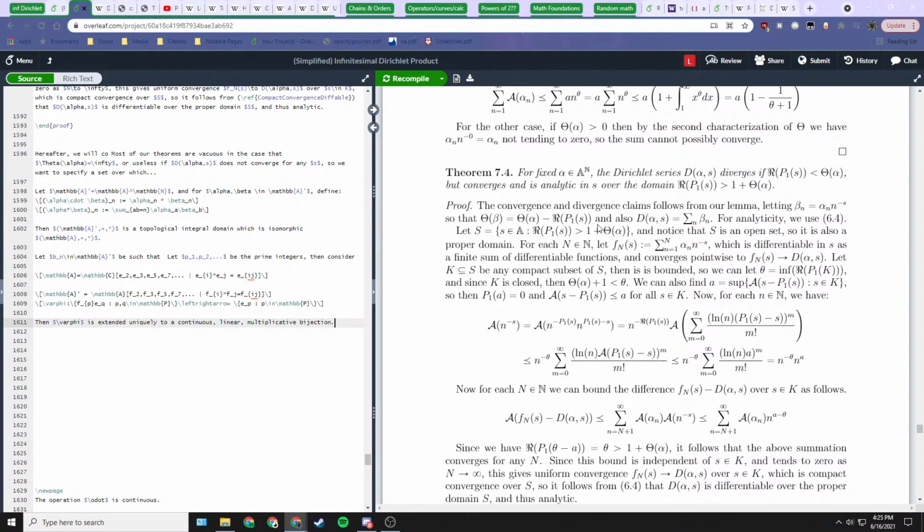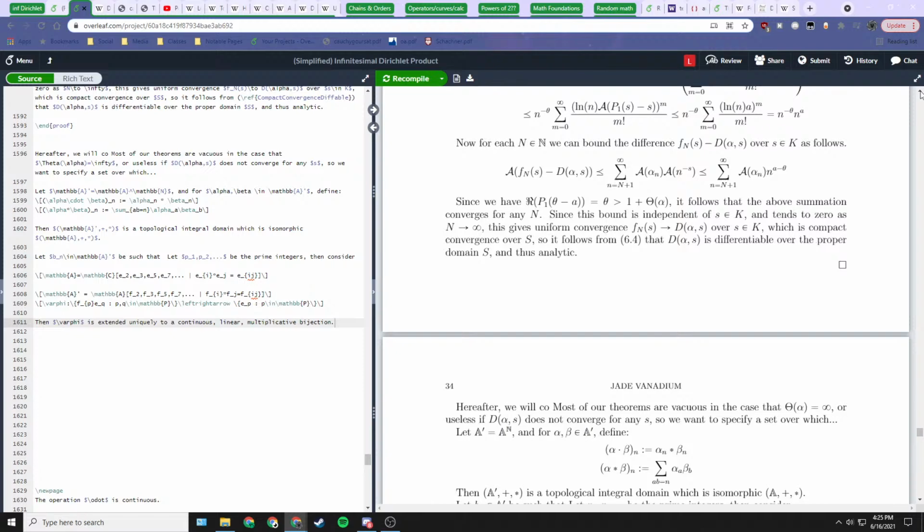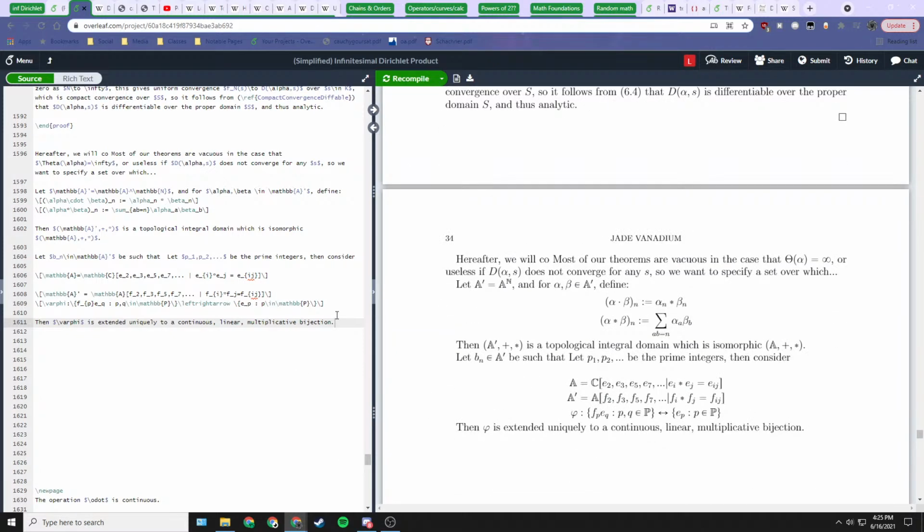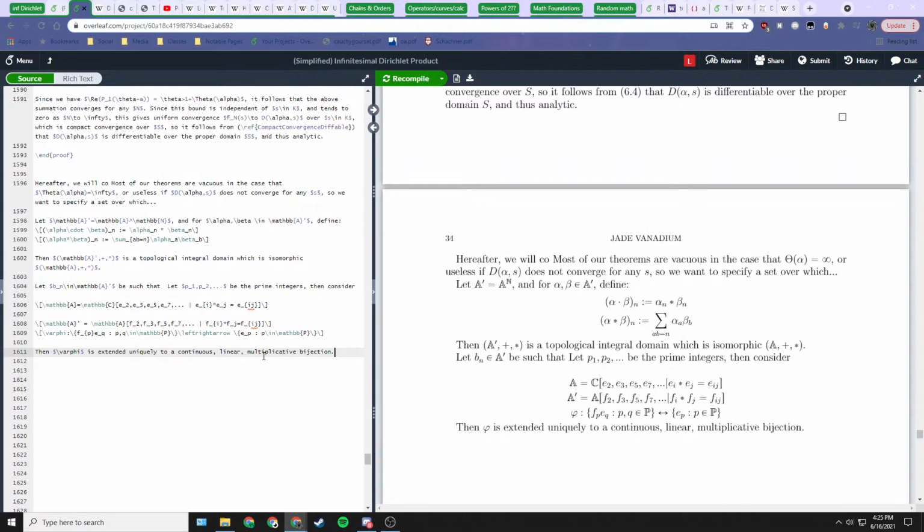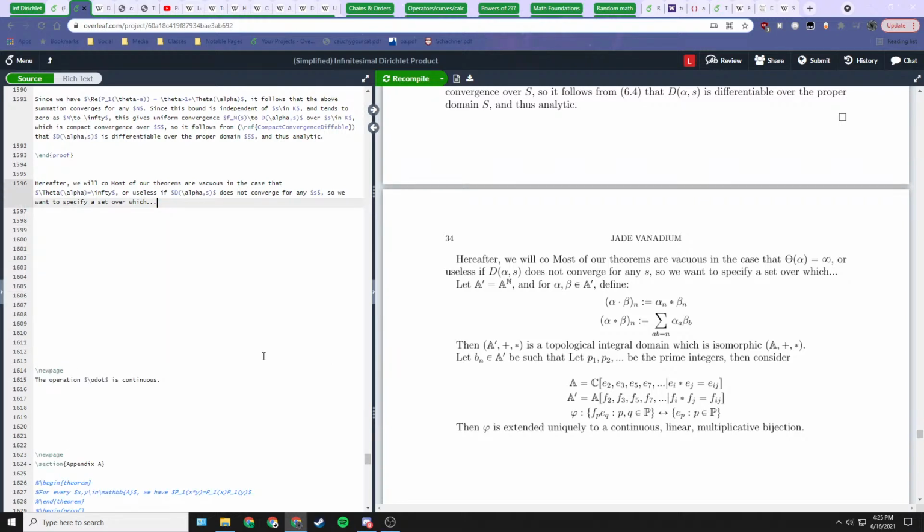So because of that reason, I think we're going to restrict. In the past, we've been doing our coefficient sequences in A. I think we're going to restrict our coefficient sequences to be just B and C. So let me get rid of these.